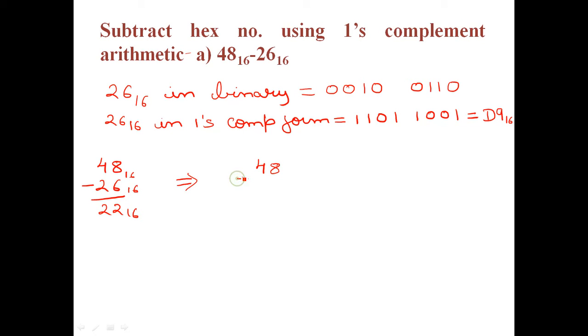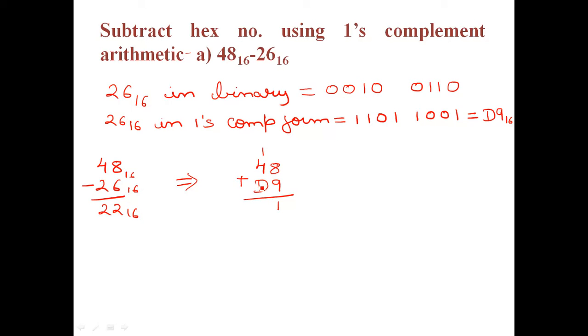So we will add the 1's complement of 26, that is D9. So 8 plus 9 is 17, so its hex number is 1 1.